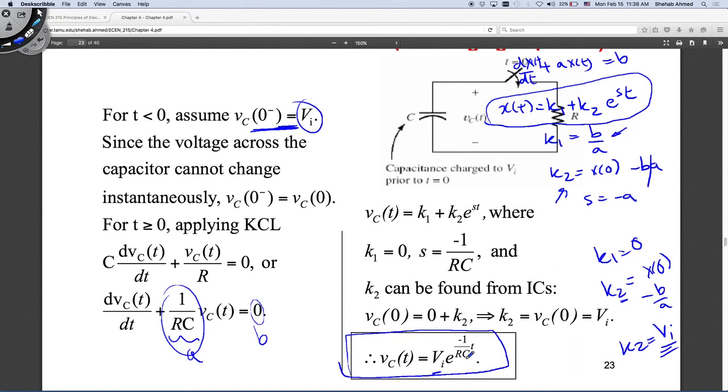Really, all you need is these few terms. Same thing for the case where you have a source in the circuit. So let's look at the next example. This one.